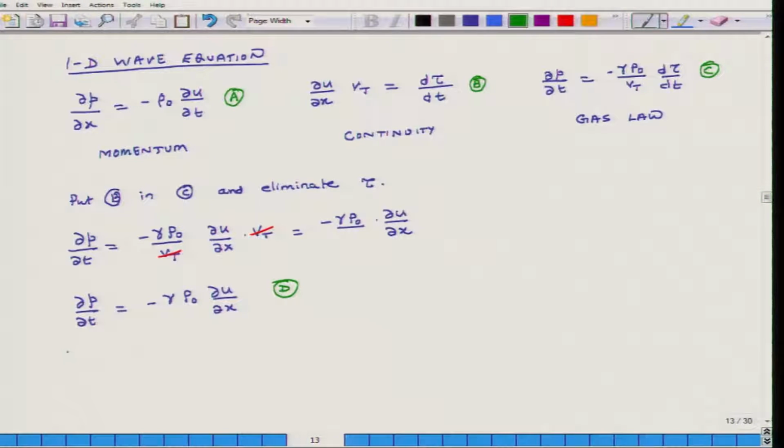From A, after differentiating the equation with respect to x, what do we get?